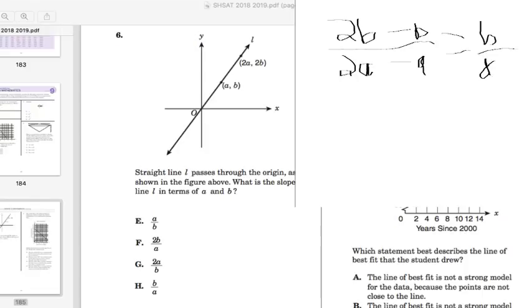Let me flip back to the other screen for a second, which means the answer should be H.